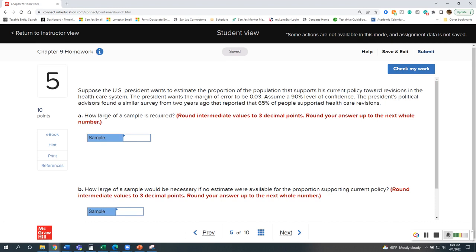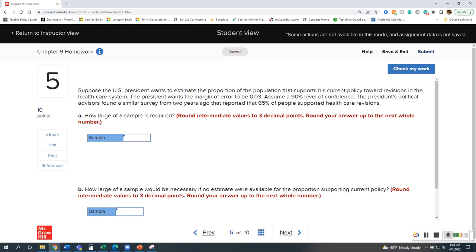Assume a 90% level of confidence. Ooh, 90%. The president's political advisors found a similar survey from 2 years ago that reported 65%. This sounds very, very familiar. Where have I heard this problem from?